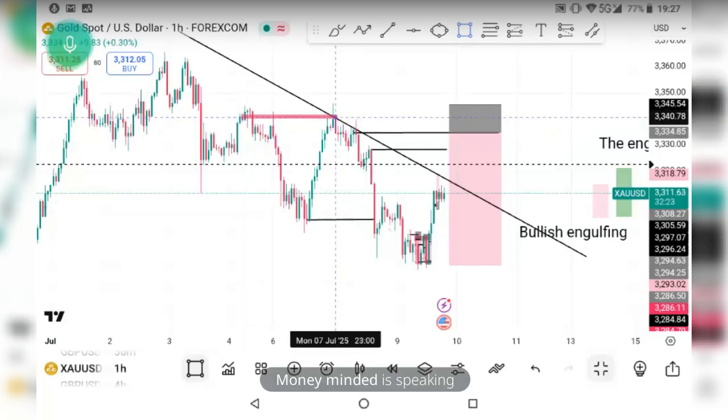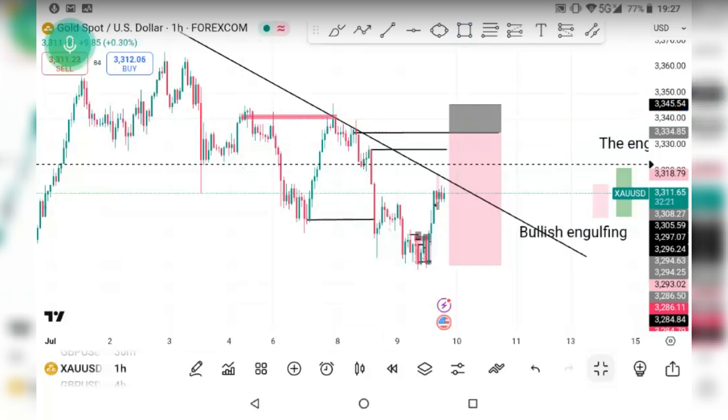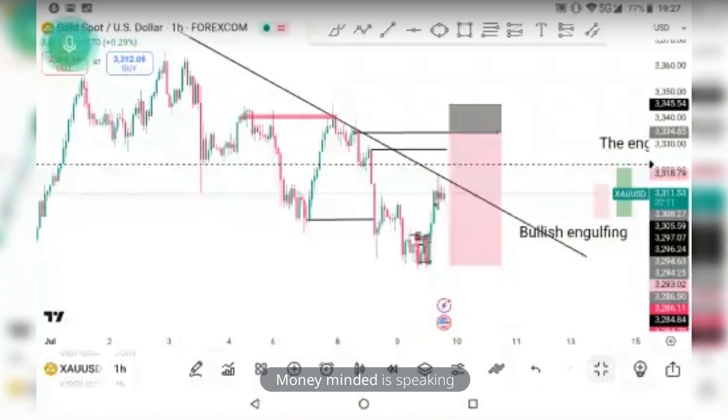So what are we to be looking for once price gets to our resistance zone? Because that is the resistance area. You are to be looking for a confirmation pattern. I will be showing you guys more than one confirmation pattern, but let's start with the engulfing pattern as the first confirmation pattern.